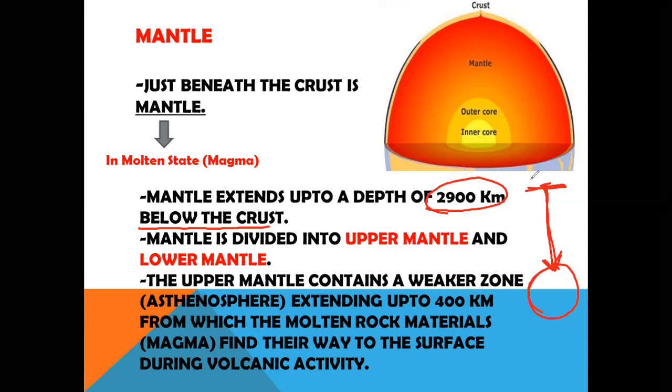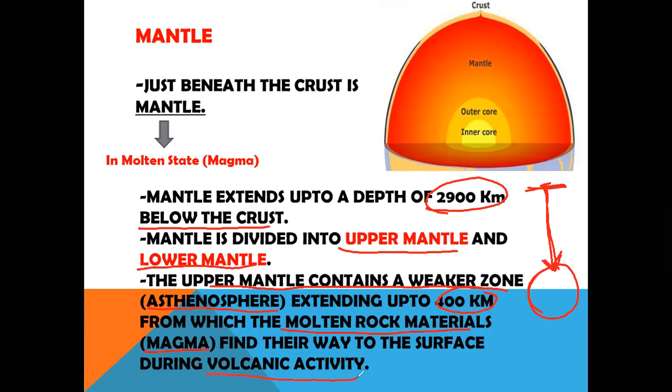Now mantle is further divided into upper mantle and lower mantle. The upper mantle contains a weaker zone called asthenosphere that extends up to 400 kilometers, from which the molten rock material called magma finds its way out to the surface during volcanic activity.